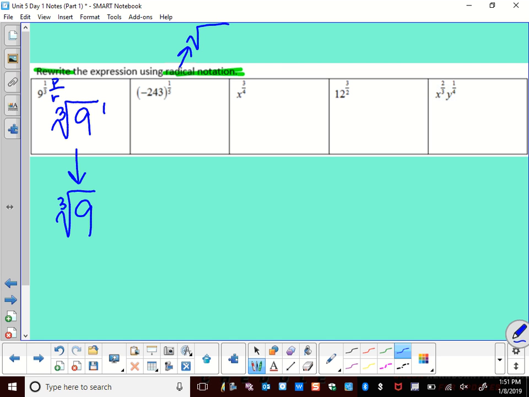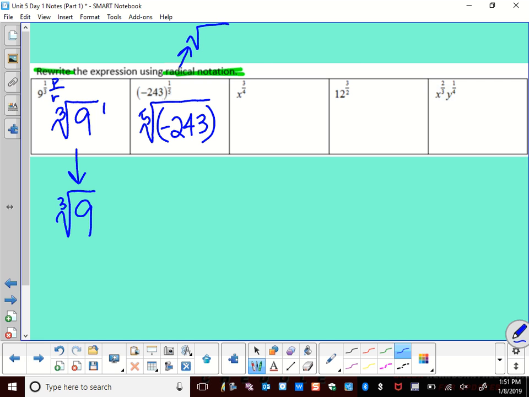The second problem, what goes under my radical? Negative 243. Keep that parentheses. Jenny, what's my power? 1. What's my root? 5. So my root goes right in there. If I wanted to write the 1, I could, or I could not. It doesn't matter.